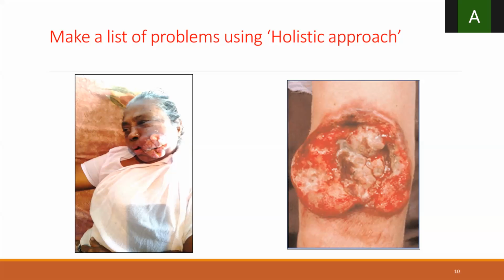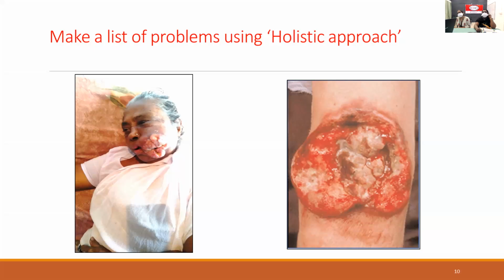Pain, bleeding, malodor, exudate. Self-image, maybe disfigurement. Psychosocial, body image, right?